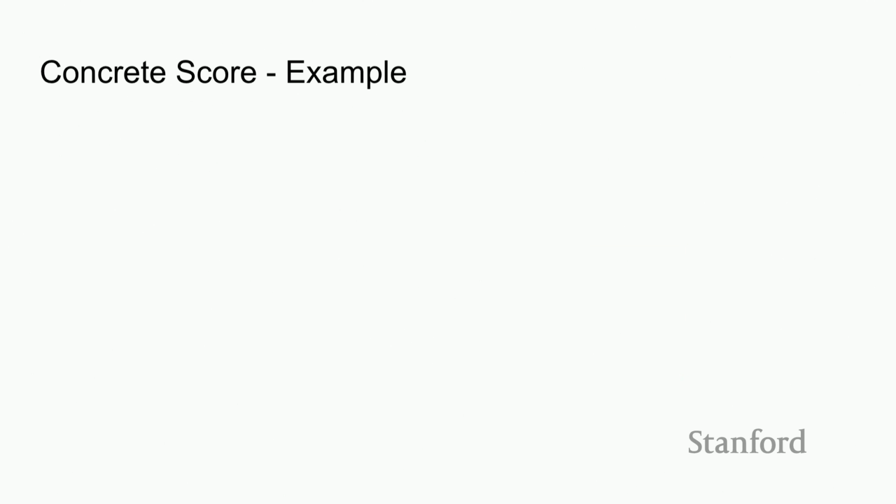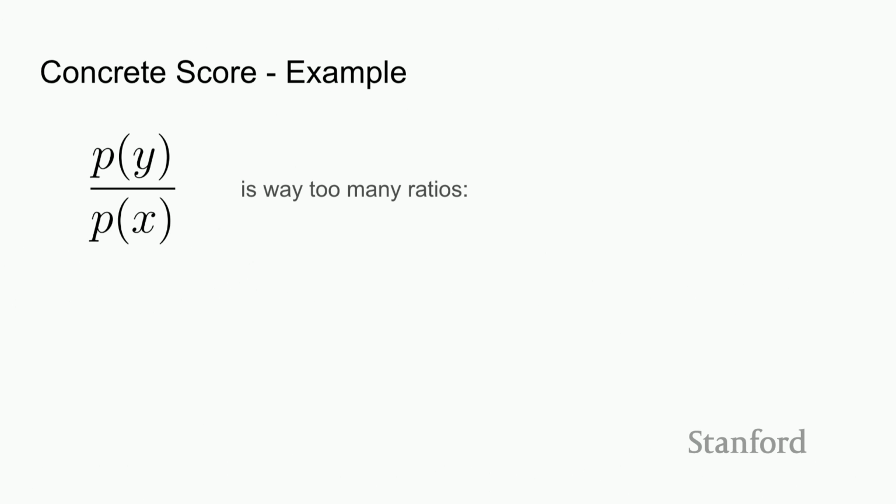But how do we learn this? There's one thing, which is that when we try to model all p(y) over p(x), this doesn't make a lot of sense computationally. If we let y be any other neighbor of x, any other value that's not x, then we end up with the issue that we have to model too many quantities. O of n to the power of 2d, exponential, doesn't work.